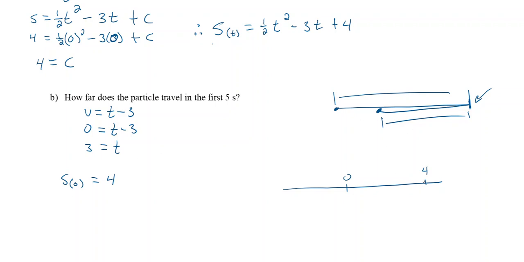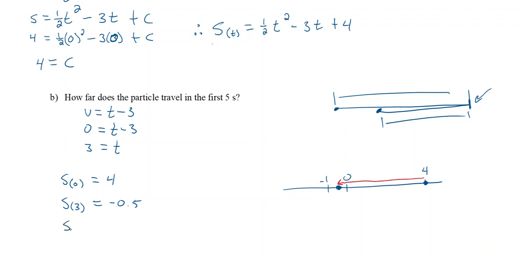So my picture is a little off here, just the directions, but we're starting at 4, and then at 3 seconds, when the velocity we know is 0, if we plug all this in, we get negative 0.5. Okay, so if that's negative 1, we're going to come to here. So that's after 3 seconds. So we come from here to here. Comes to a stop, starts heading the other direction, obviously.